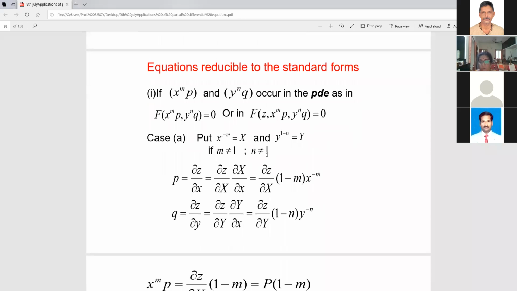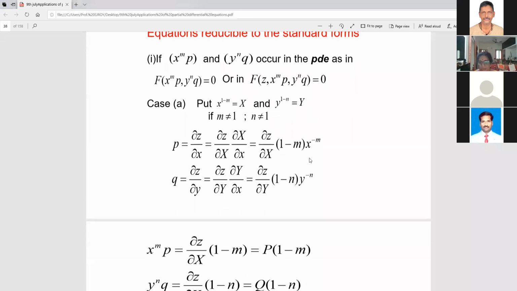It is easy to go for the transformation. We look at the coefficient of P here, substitute this type of transformation, and get into the original PDEs, which are in standard forms.